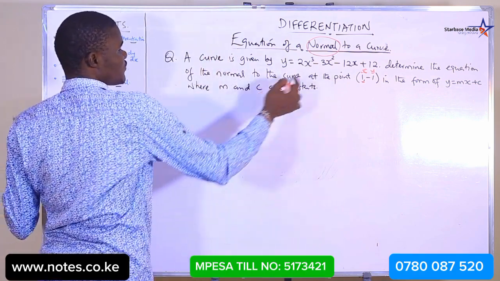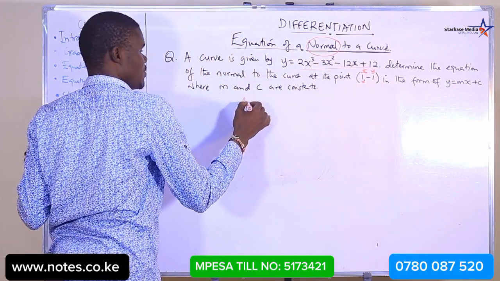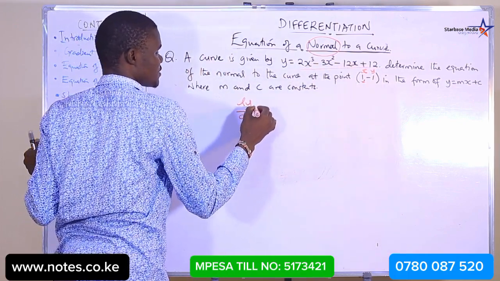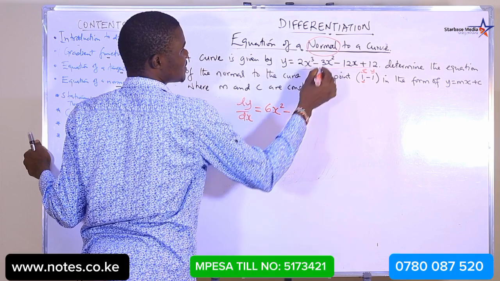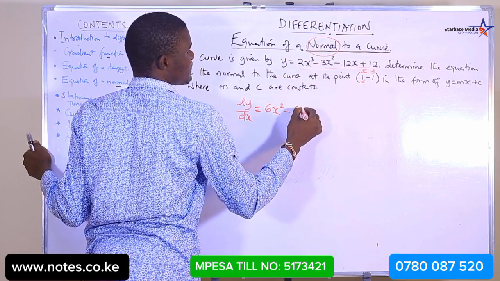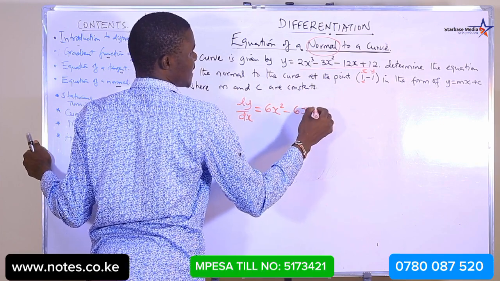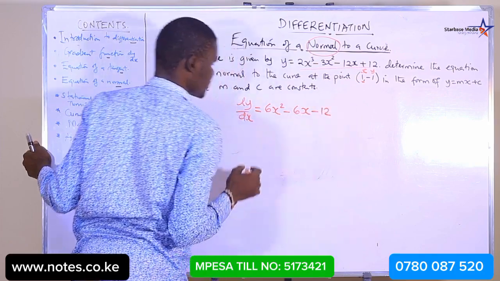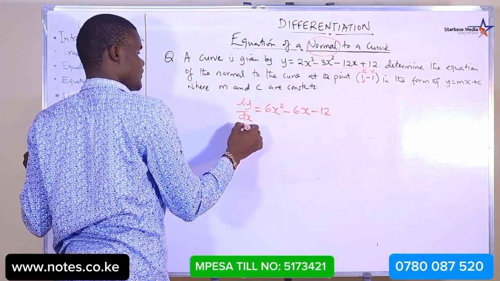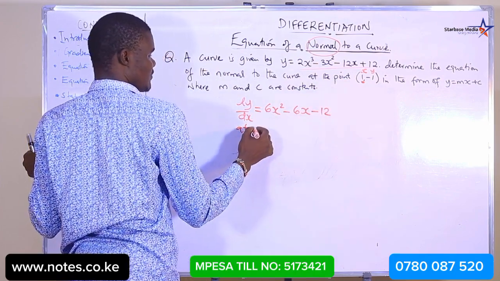So we're going to differentiate this function here. We're going to say dy over dx is equals to 6x squared minus 6x minus 12. Now we're going to say at x is equals to 1, because x is the value we have here.